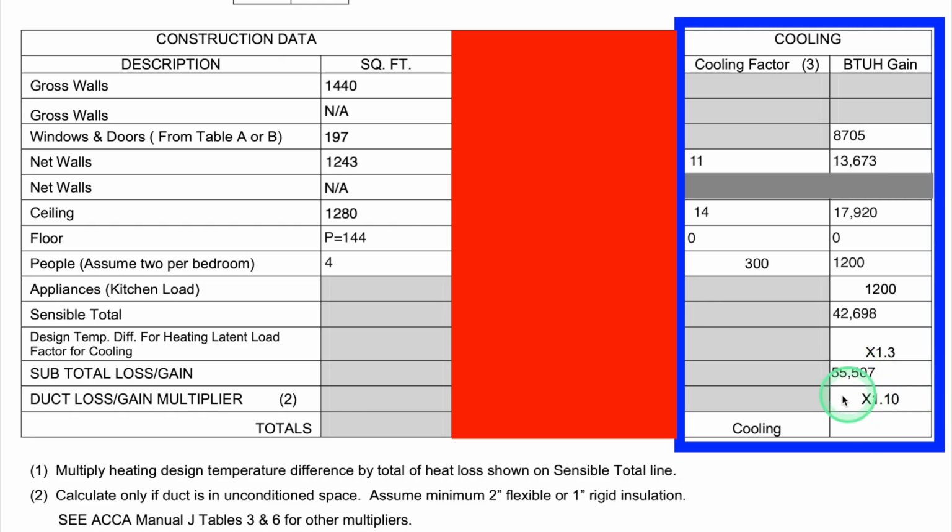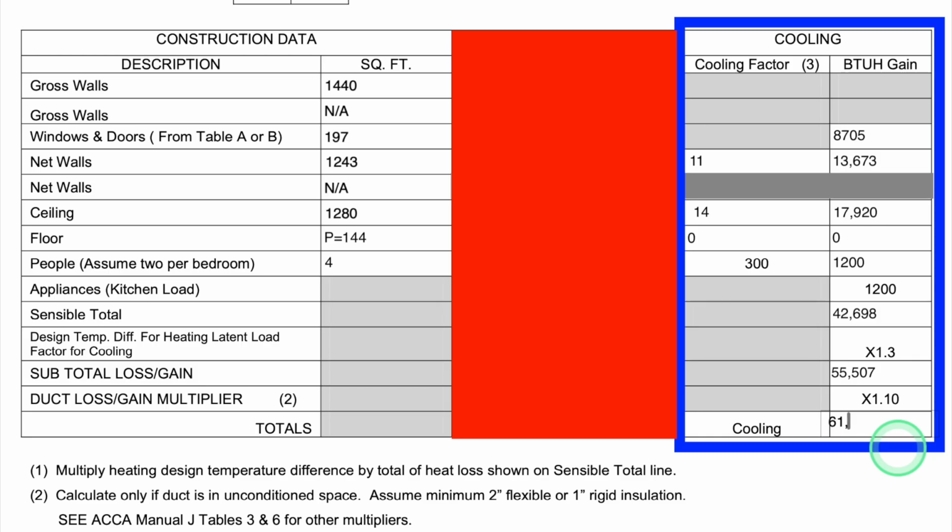And finally, our ducts, most of the time they're in an attic or an unconditioned space. So our duct gain multiplier of 1.1. So we're going to take 55,507, multiply that by 1.10 or 1.1. Let's do that now. 55,507 times 1.1. That gives us a total heat gain of 61,057.